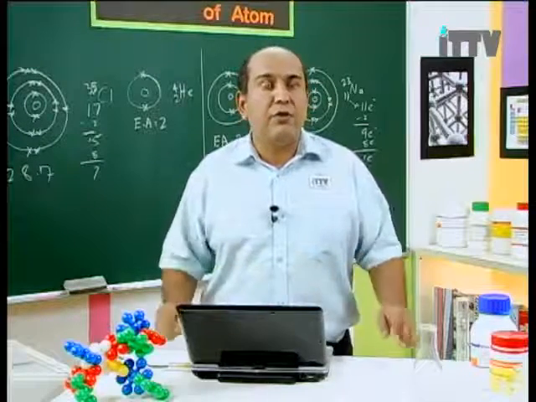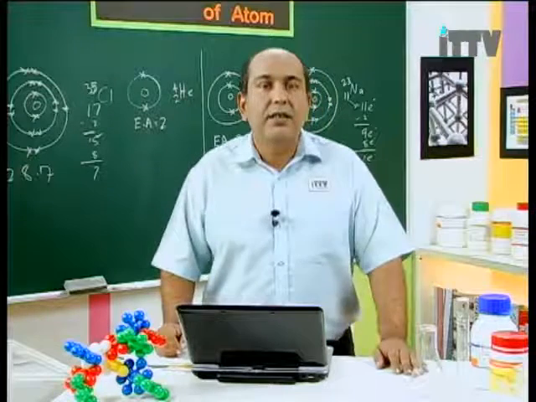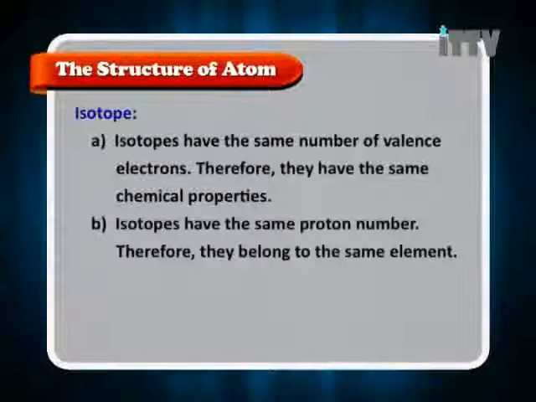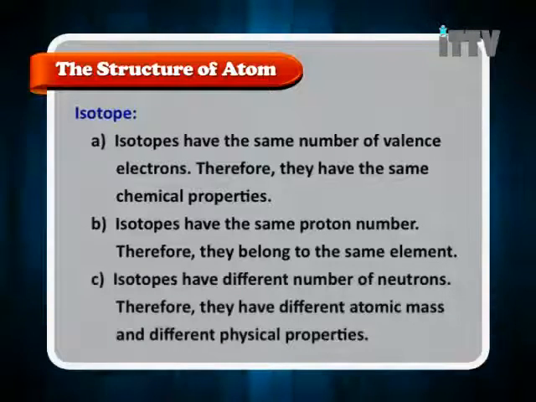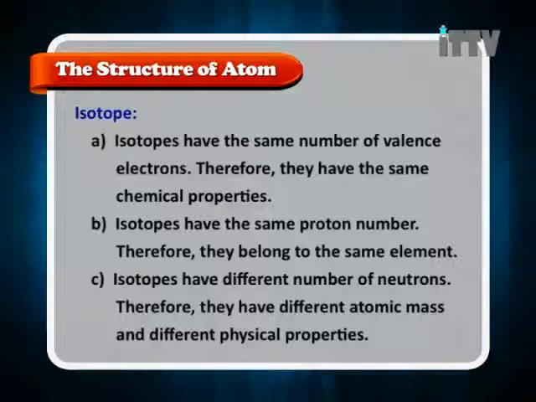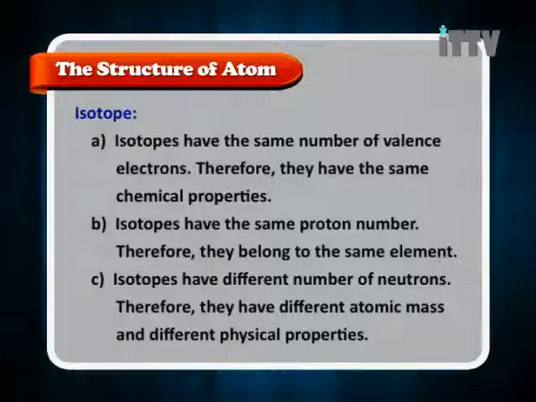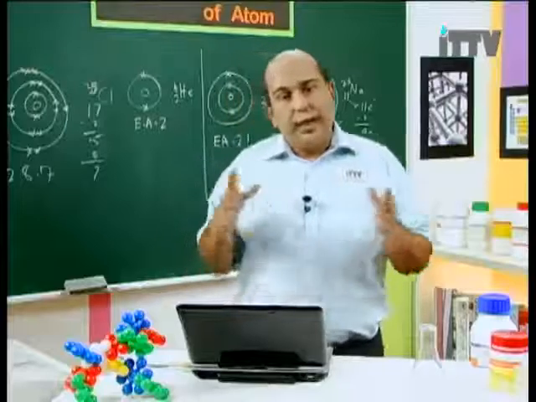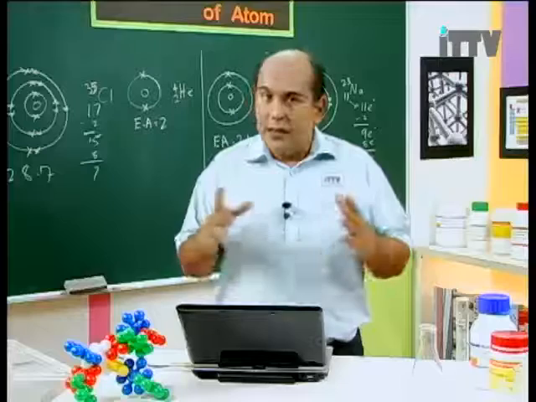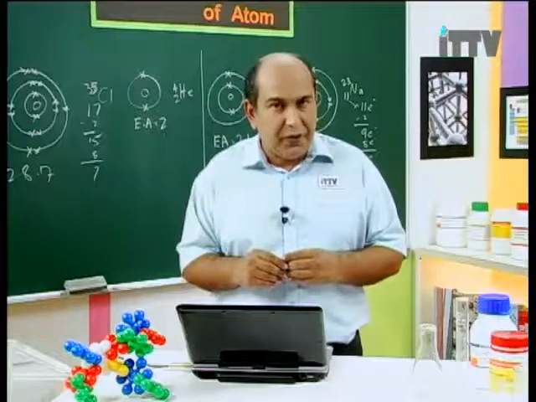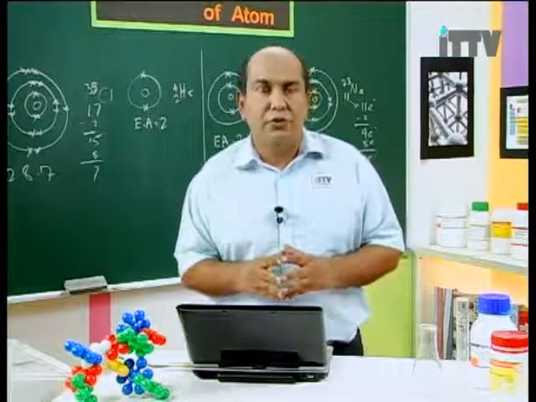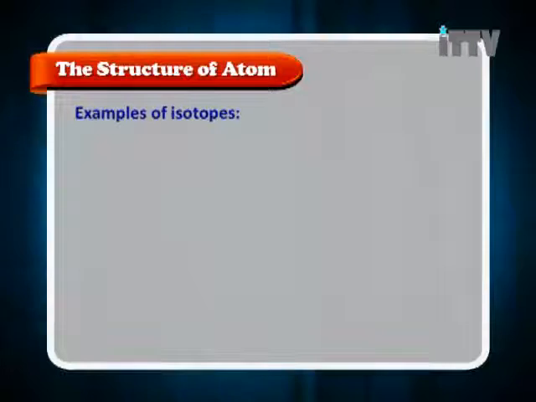So when they have the same electron arrangement, they will have very similar chemical properties. Isotopes have the same proton number. Therefore, they belong to the same element. Isotopes have different number of neutrons. Therefore, they have different atomic mass and different physical properties. So, an isotope usually has different physical properties because its mass is going to be slightly different due to these additional neutrons in the nucleus.